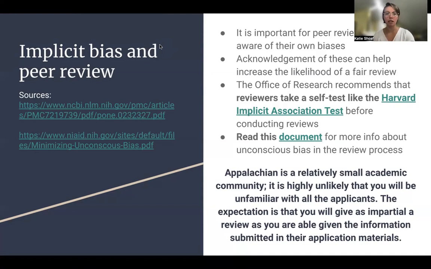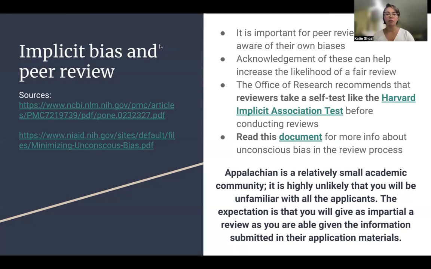So things such as language, grammar, field, gender or race or ethnicity or other background information that may sway your position as a reviewer. Acknowledgement of the biases that you have can help increase the likelihood of a more fair review process.